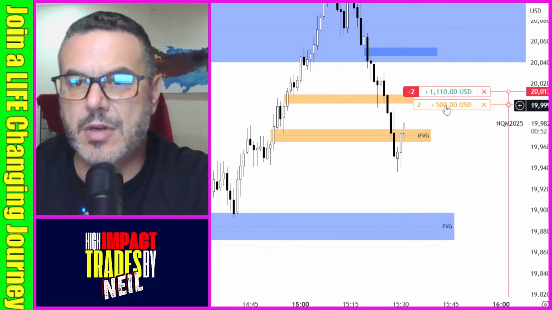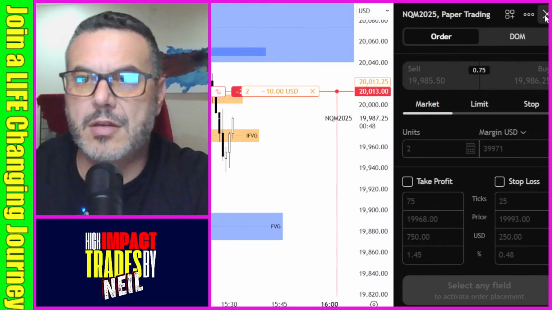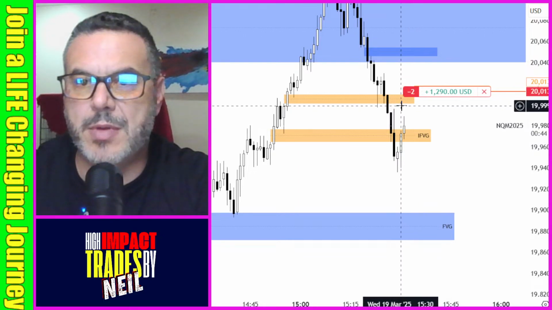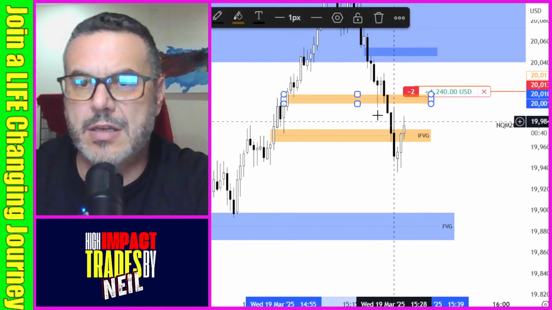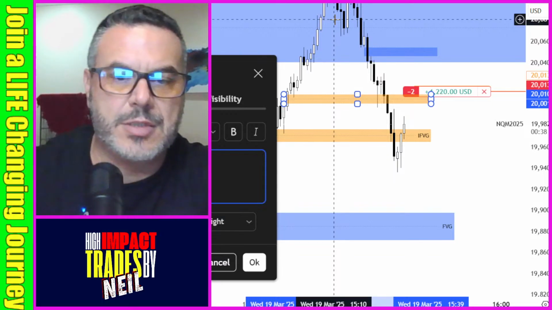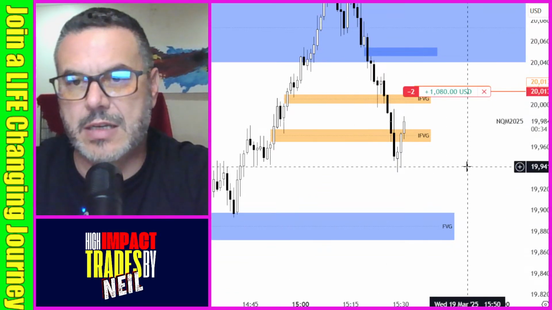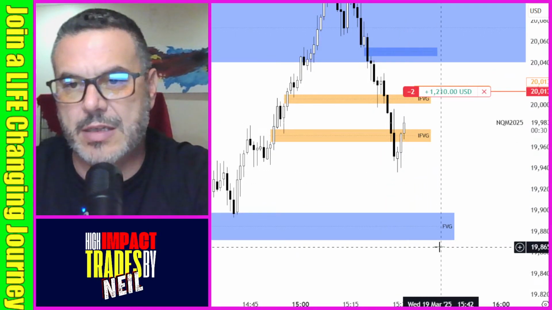I'm actually going to move my stop to break even up here. I'm just worried we want to test this because we haven't tested it, so the IFG. I'm just worried we want to do that, and I don't want to just get stopped out for the sake of it, because I feel this is just some sort of a pullback to continue lower.